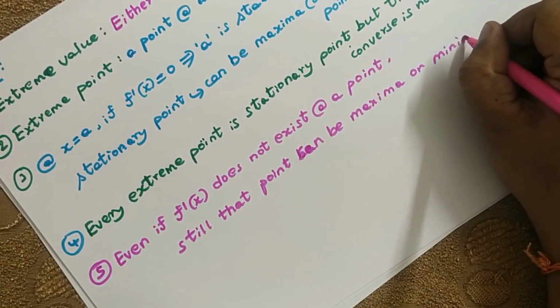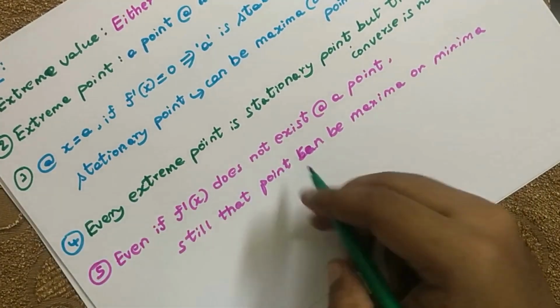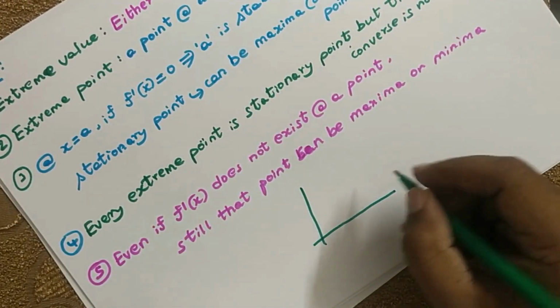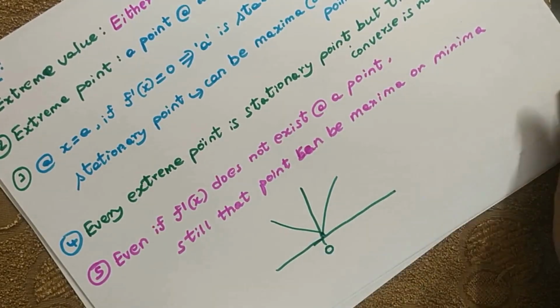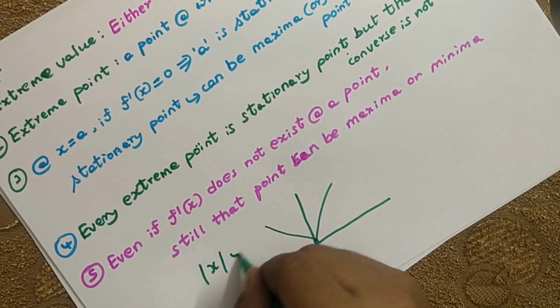So the best example regarding this kanuka chusukunte, so mod x graph we already know, it will be like this. So 0, so is 0 దగ్గర, so this is nothing but mod x graph.